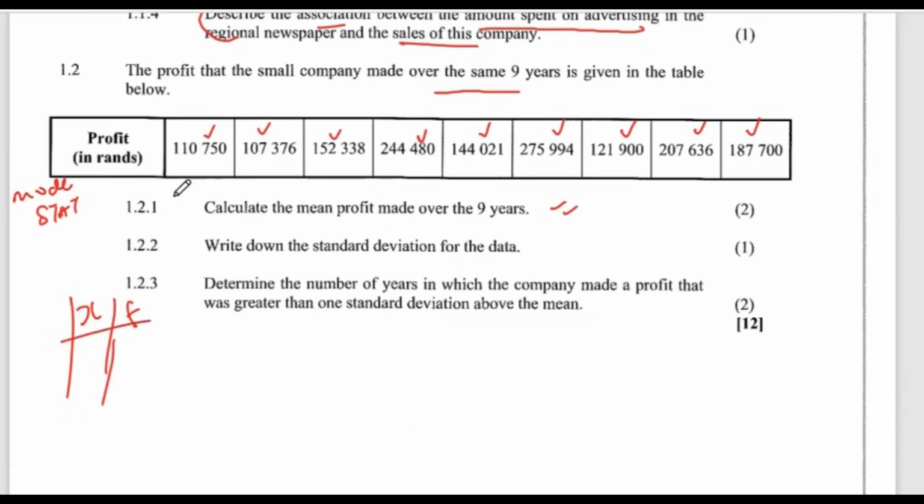So ignore the frequency part, just enter these numbers into the calculator. So 110,750, 107, and so on and so forth. When you're done entering that data, with the frequencies, leave them as 1, 1, 1, not change anything.